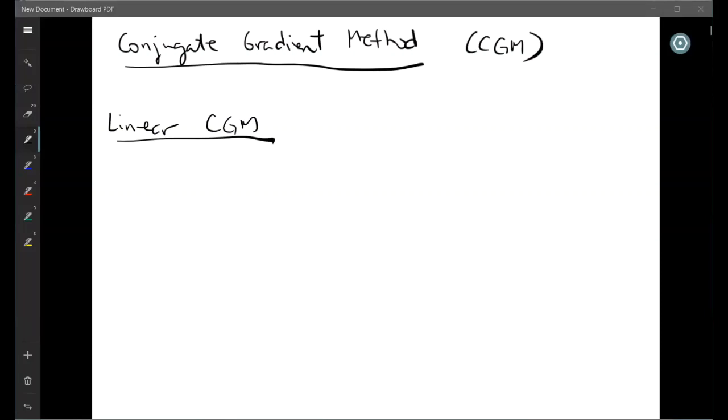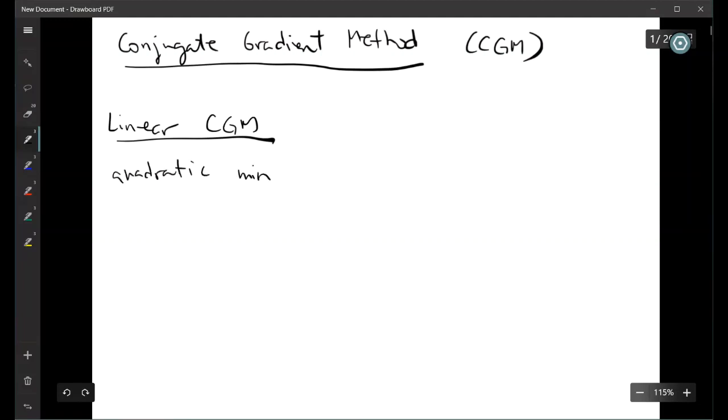Let's consider first the quadratic minimization problem.